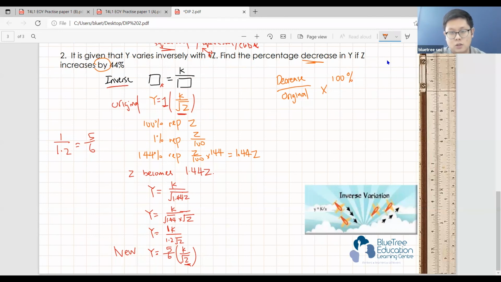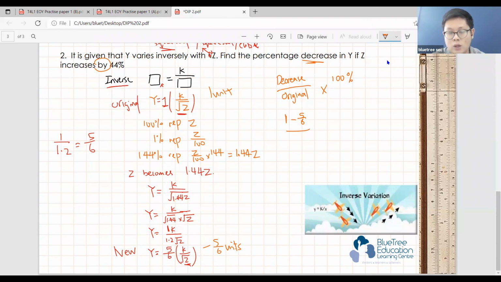So let's get into the numbers. I want to have the decrease. So I'm not going to write down the algebra portion because it will make things very complicated. We just know that this is equivalent to 1 unit, right? It's the same as 1 unit of this thing. And then now this thing becomes 5/6 such units. We're just comparing the coefficient, right? So the decrease will be from 1 becoming 5/6. We minus that to find the difference. That will be the decrease.